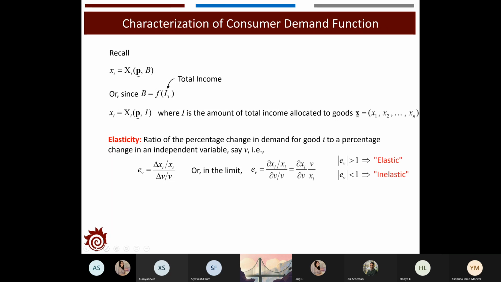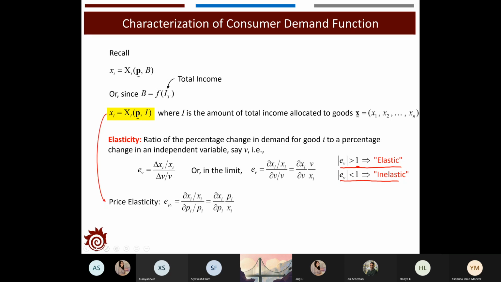If we find that the elasticity for the variable v has an absolute value larger than 1, then we say that region is elastic. If it's less than 1, we say that it's inelastic. So inelastic means that changes of the variable v will result in very small changes of the volume or the demand.